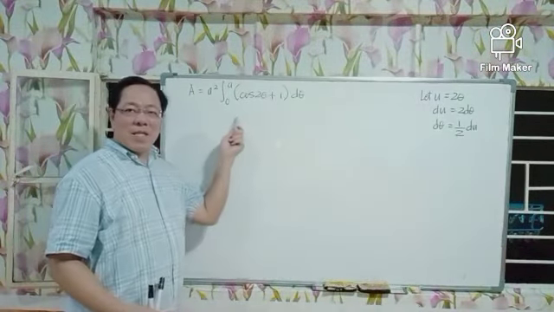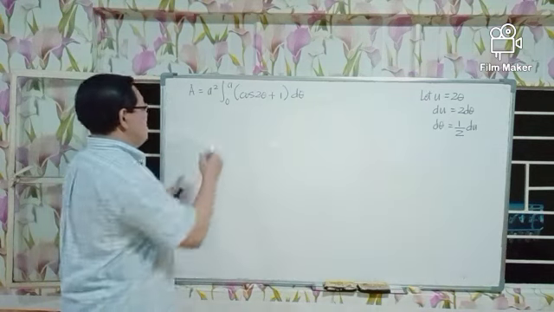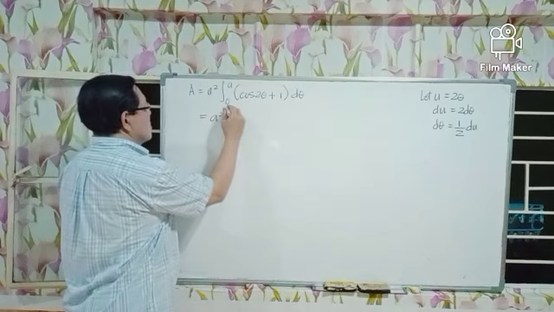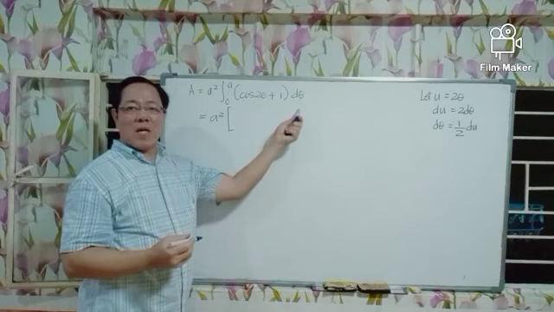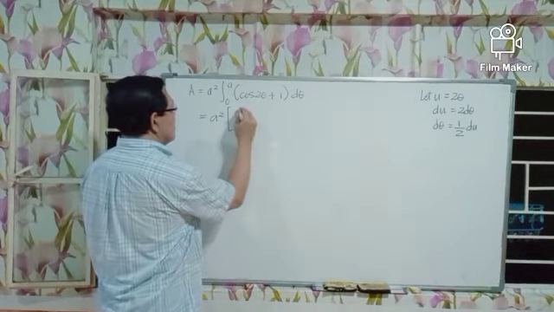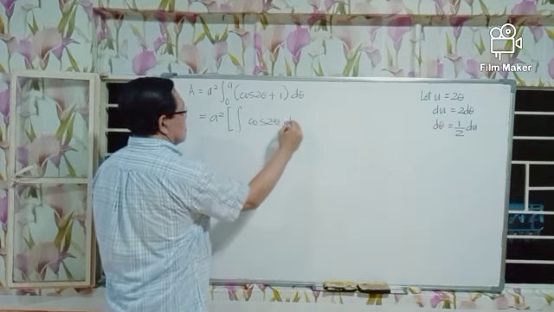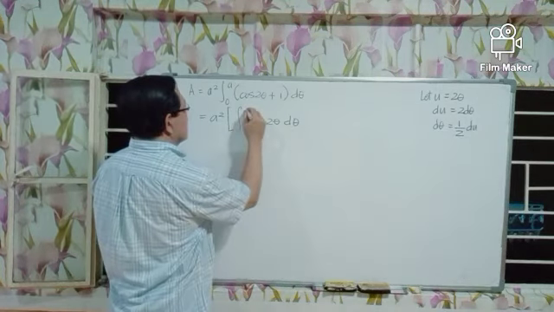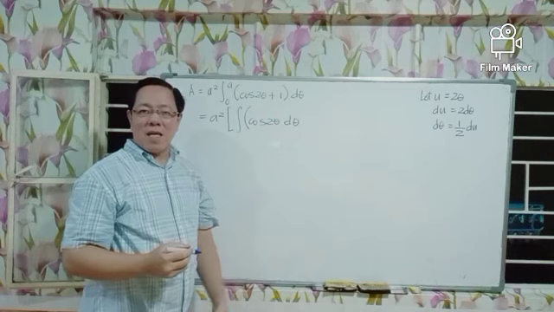This integral is now equal to a squared times the integral of cosine 2 theta plus 1 multiplied by d theta is d theta.